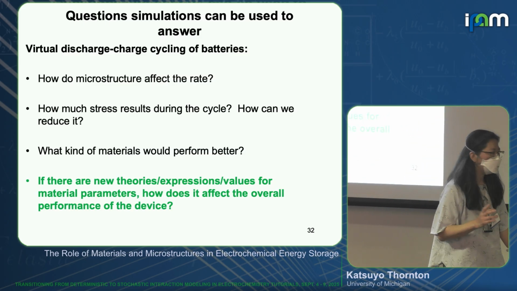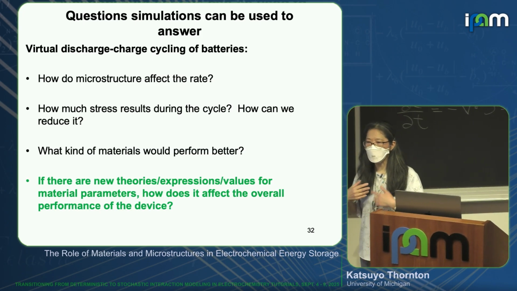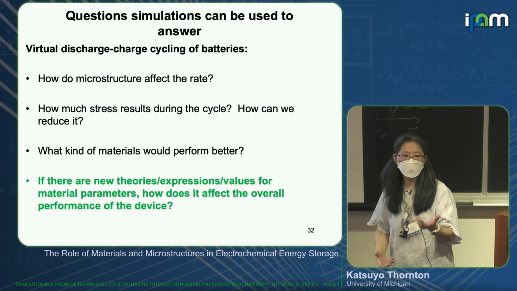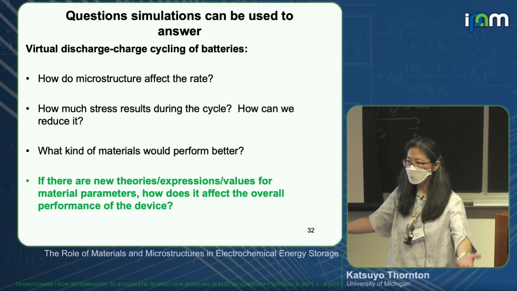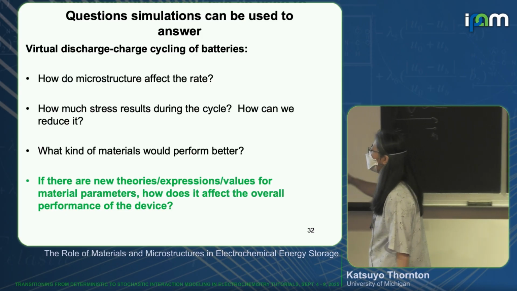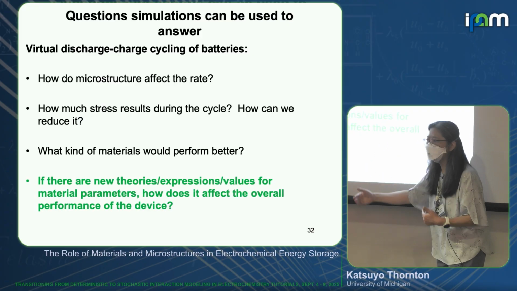I think this is a key question, and I hope that we can help this community because we are going to be developing a new description of interfacial mechanisms. So how does that then change the overall battery behavior and performance?